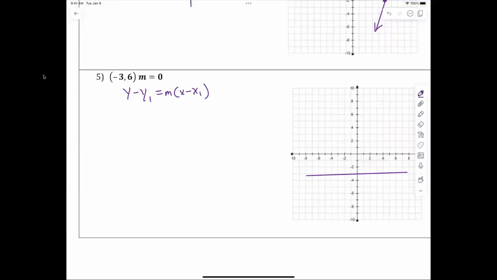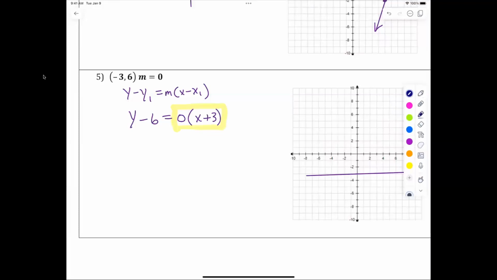Now, what is the y value? So it's going to be y minus 6 equals something times. Exactly. All right. Now, here's where I want you to be smart. What, in fact, is 0 times anything?